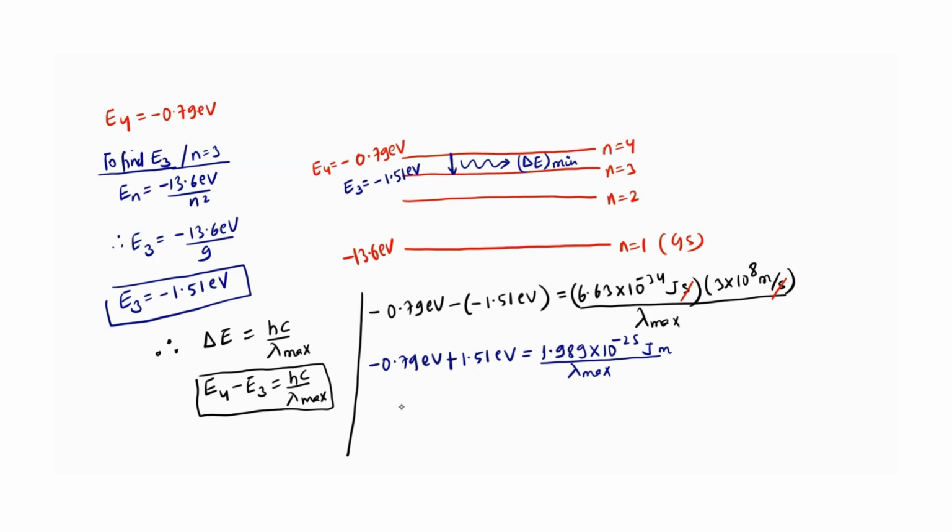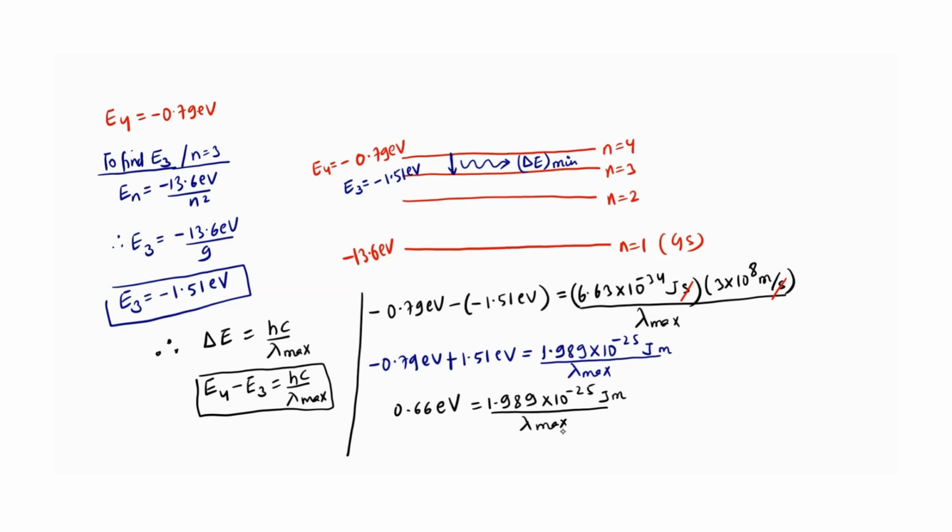So we get 0.66 electron volt equals 1.989 times 10 power minus 25 joule meter by lambda max.